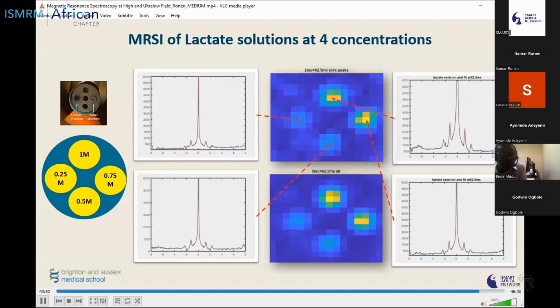So we now have an image of the concentration of lactate in 4 containers going from 0.75 molars to 1 molar to 0.25 molars and 0.5 molars of lactate. These are very high concentrations, so this is a kind of a proof of concept alone, but we intend on trying to develop it in such a way that we will also be able to apply to lower concentrations.